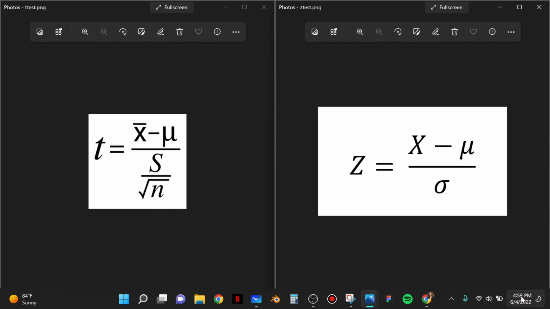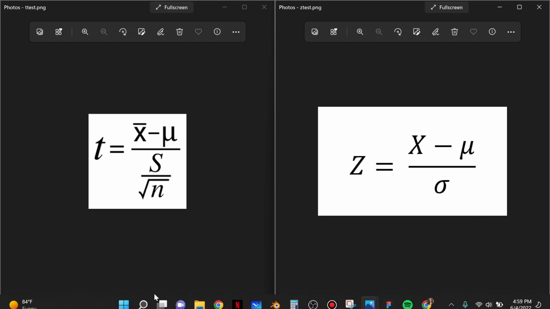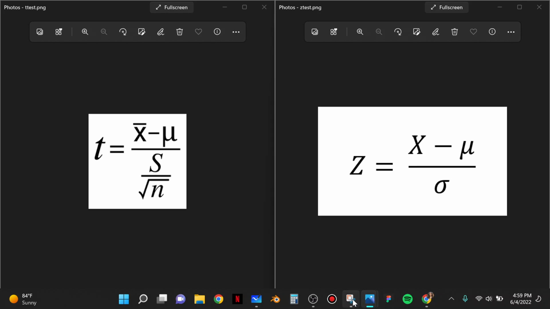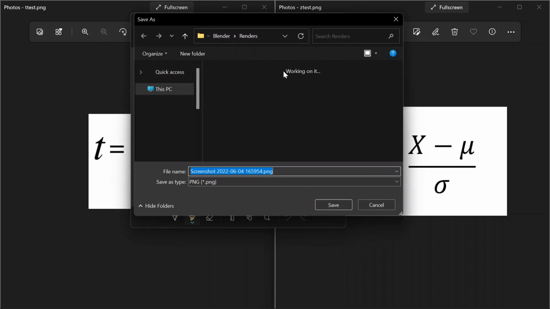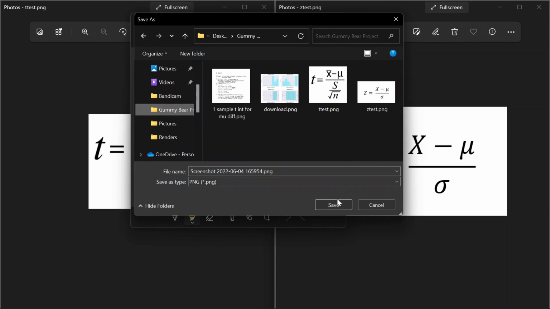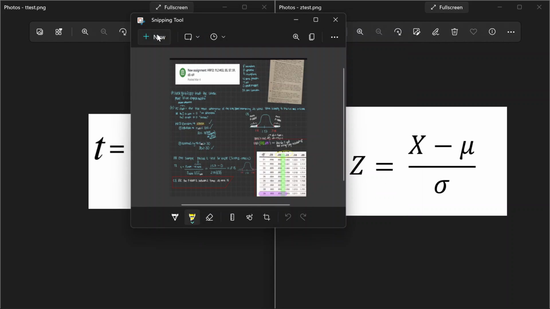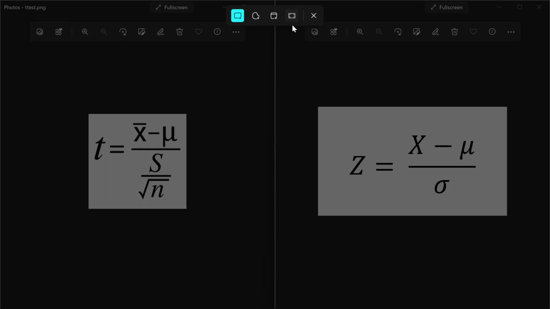Hold on. Can I screen capture? Oh my god, wait, I can screen cap. But I don't want to lose this. Let me save it. Where am I saving this? Okay, Gummy Bear project, whatever. Screen capture, just take everything.